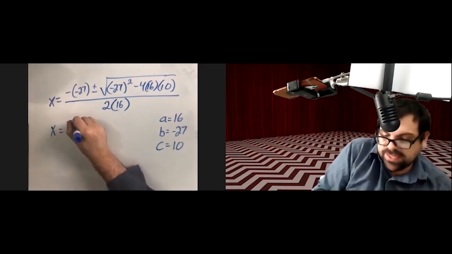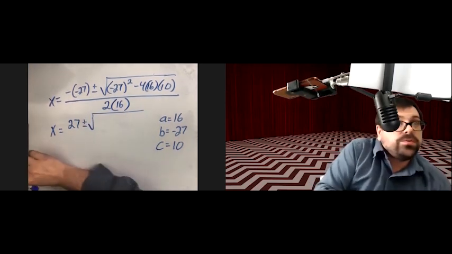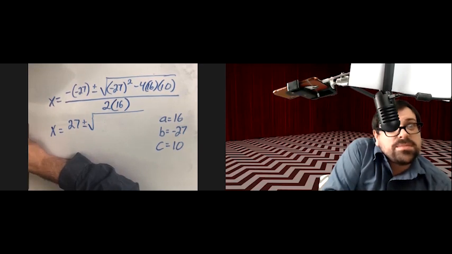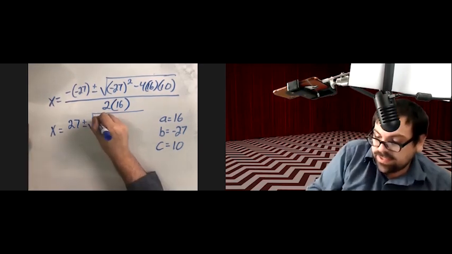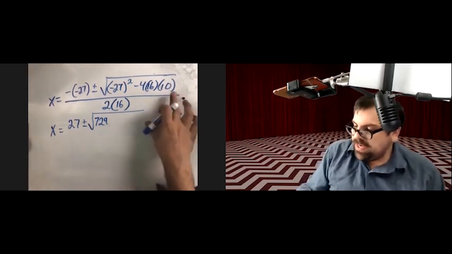Opposite of negative 27 is positive 27, plus or minus the square root. 27 squared, 27 times 27 is 729. This is just going to be negative.